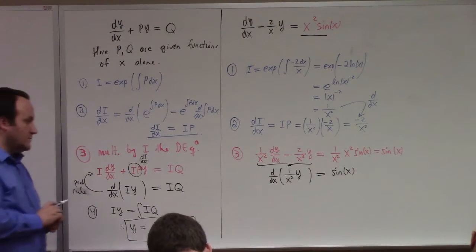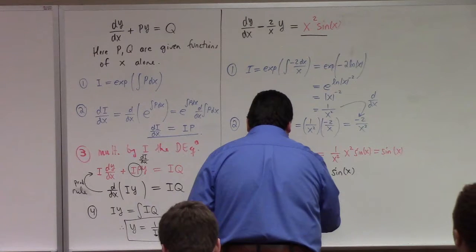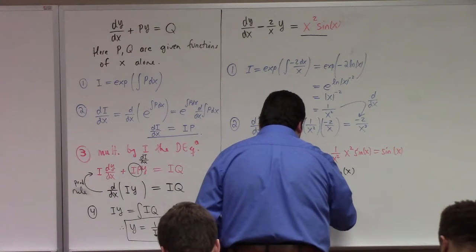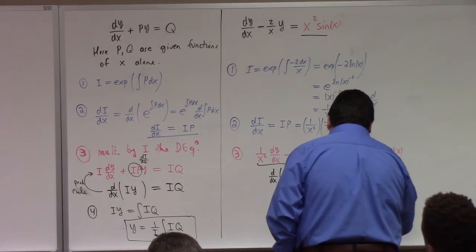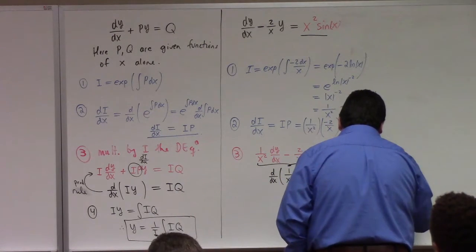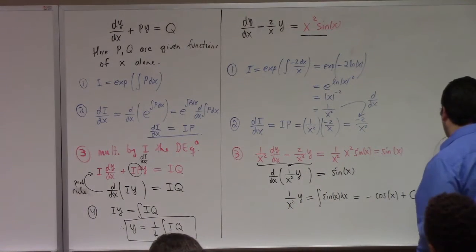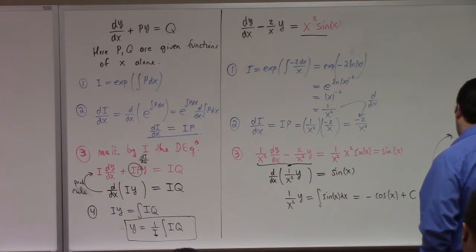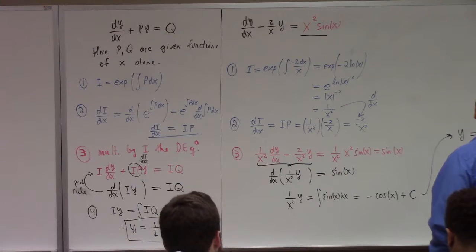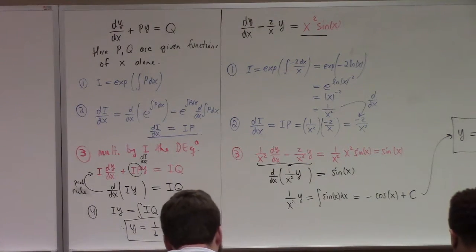And then over here, for this problem, I get 1 over x squared y is equal to the integral of sine x dx. What's the integral of sine x dx? Yeah, minus cosine of x plus c. Important to add the c here. And now we can solve for y. So y is equal to x squared times c minus cosine x. There you go. That's the solution to that problem.